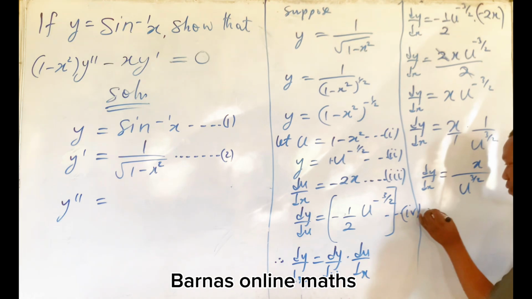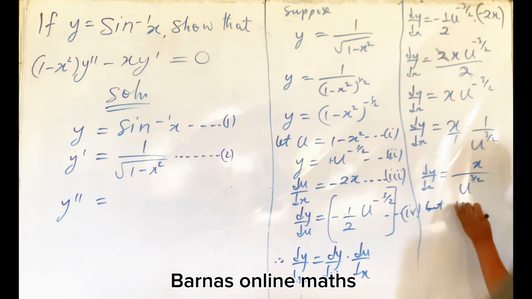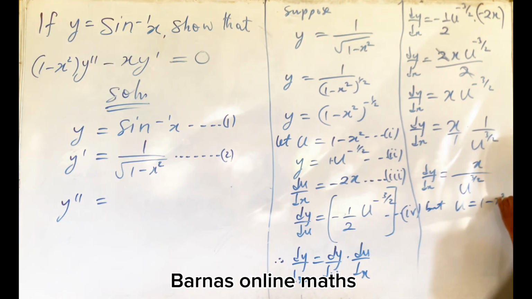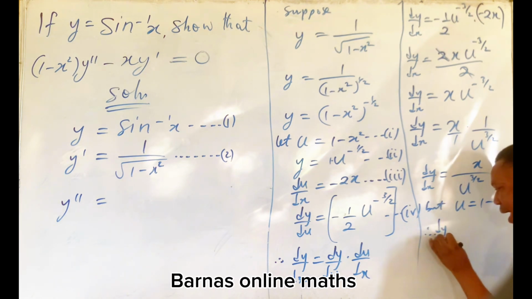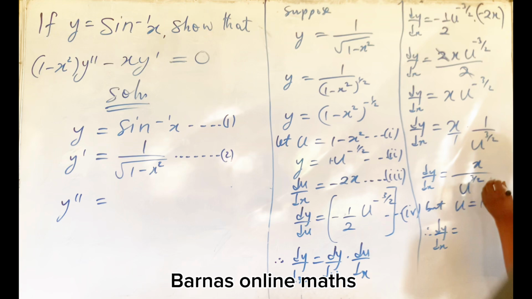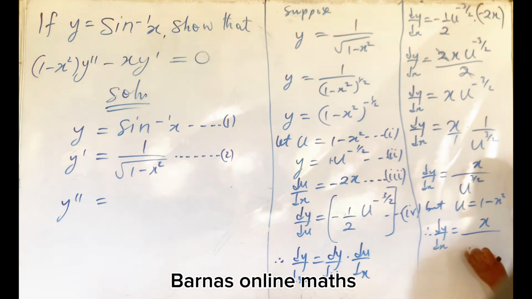So therefore, now, our u is equal to 1 minus x squared. Therefore, we're going to have that our dy dx will be equal to x all upon, instead of u, we now have 1 minus x squared, all raised to power 3 over 2.